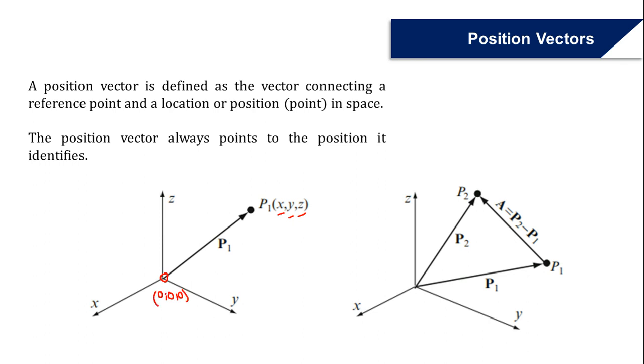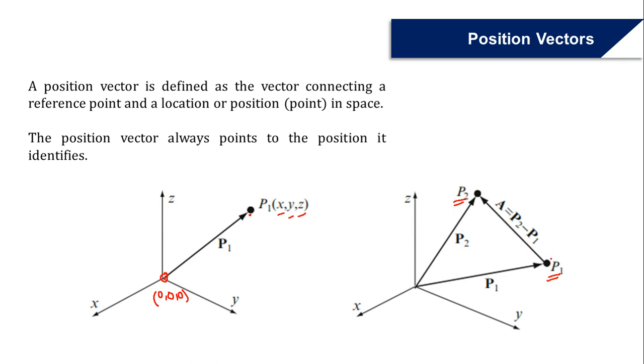So pagka ganyan, we can now define a vector from the origin going dun sa ating point. Okay? So if we have 2 points, we can now define 2 separate position vectors for points P1 and P2. And we can also define the vector connecting these points.